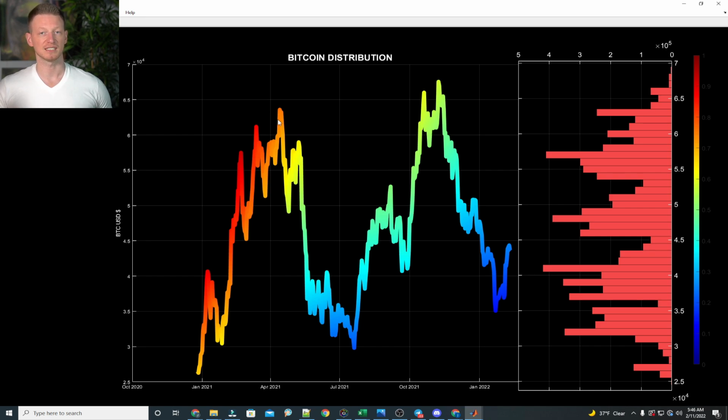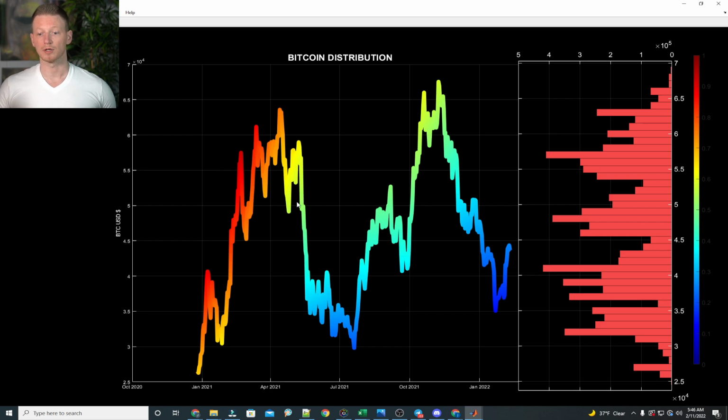When it was at 64K, or better yet, when it was at around 57 or 58K in February, the DCA index risk model got into the highest tiers, indicating that it was likely that the market was reaching a top. When it was in these levels, it reached the red color here, and that indicated that it was likely time to sell the asset.